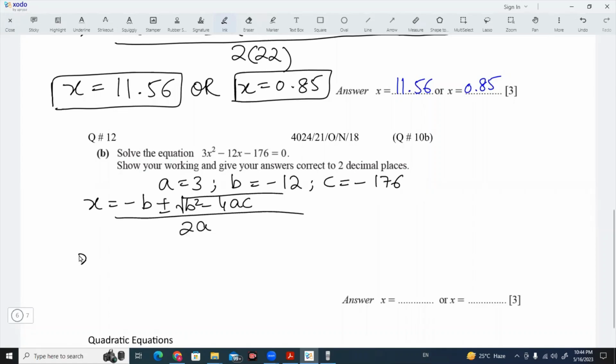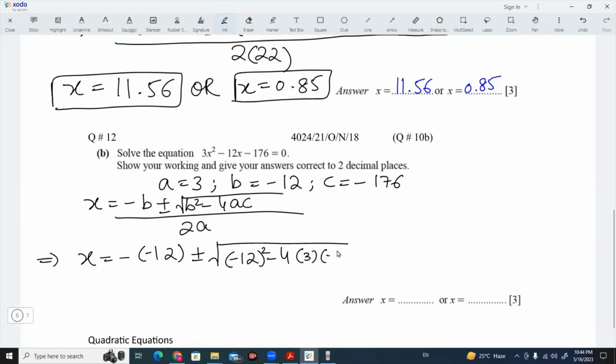Now replacing the values again that we've done in the previous parts. So minus and minus 12 plus minus whole square root. So minus 12 whole square and minus 4 times A is 3 and C is negative of 176 whole divided by 2 times 3.